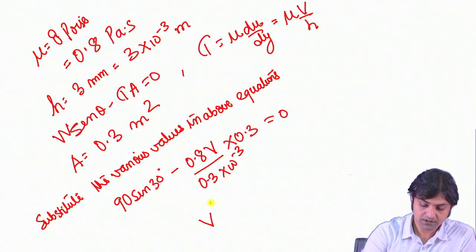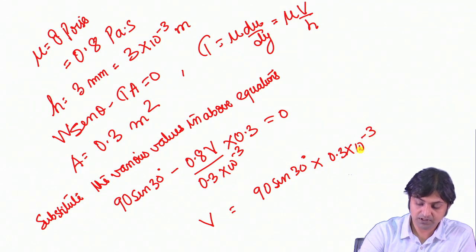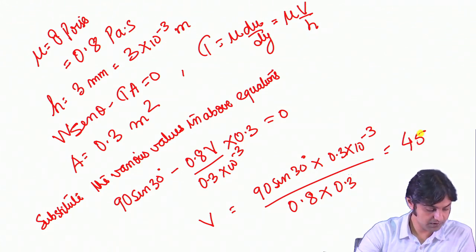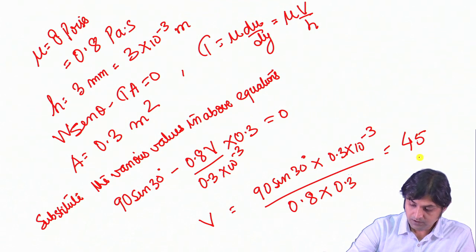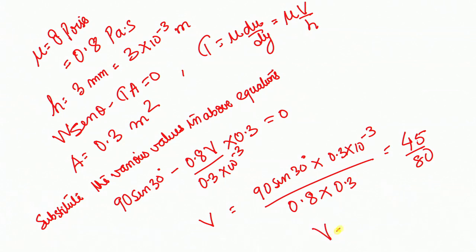So what we get, bring this side, V is 90 multiplied by 0.3 into 10 to the power minus 3 divided by 0.8 multiplied by 0.3, or this becomes 45 by 80. So this will be 0.5625 meters per second.